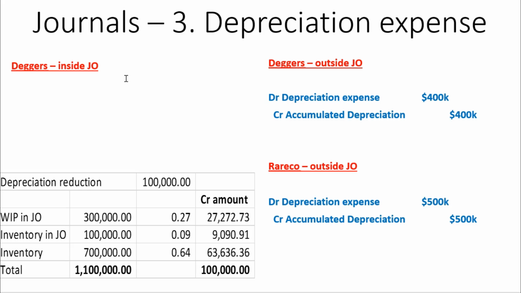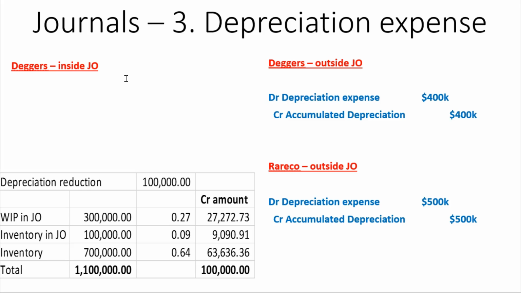So from this point of view, there would be no adjustment from Rareco's perspective because the joint operation uses the fair value of the equipment. The joint operation itself always uses the fair value of any assets contributed. And so Rareco wants to recognize their asset at fair value, and so they don't need to make an adjustment.